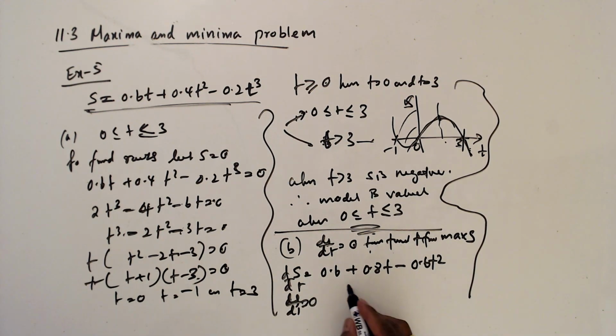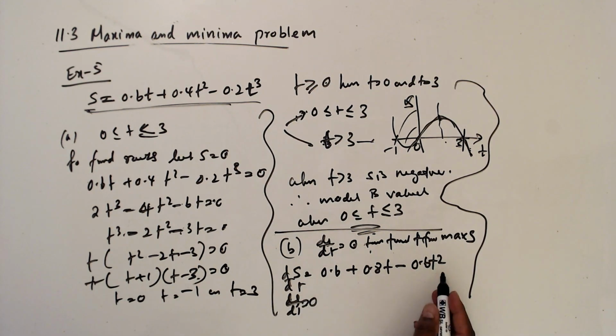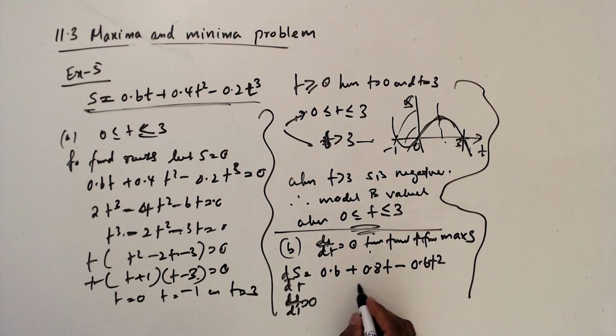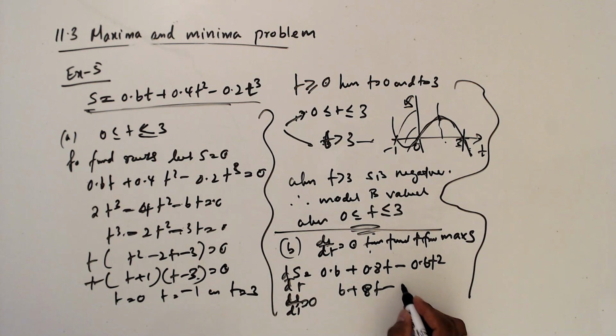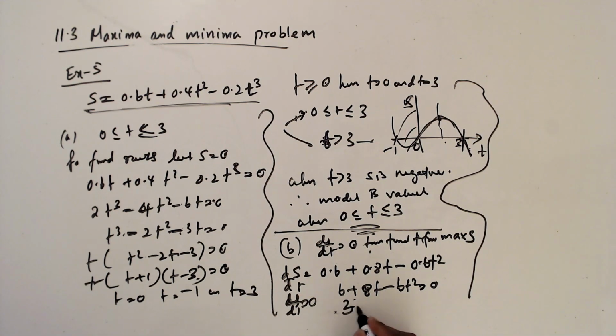Then I will multiply by 10: 6 plus 8t minus 6t squared equals 0. So I can divide by 2: 3 plus 4t minus 3t squared equals 0.